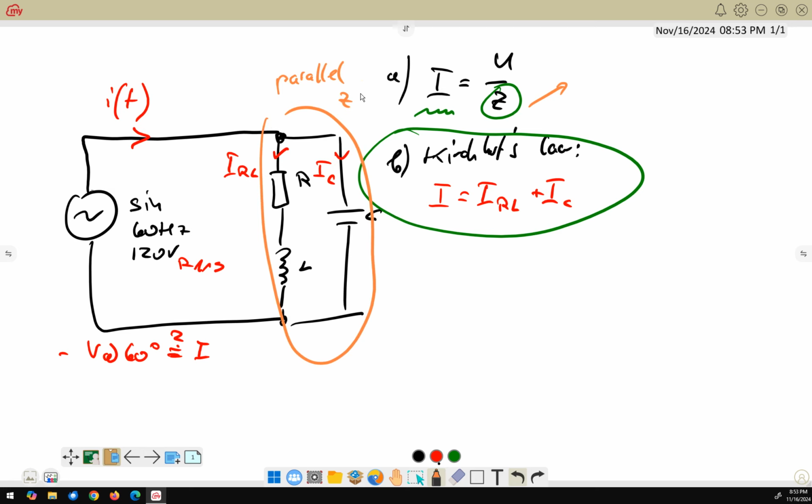In case of two components, it ends up in a pretty complex math, ZRL times ZC divided by the sum ZRL plus ZC.